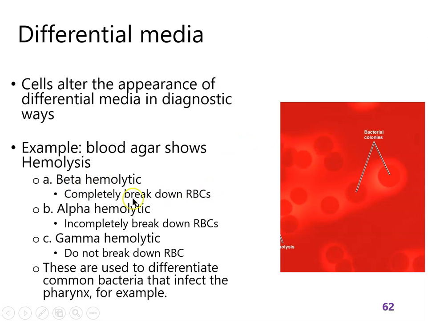Some of them can completely break them down, and what you'll see is a zone around the bacterial colonies where it's completely colorless and they've broken down all the blood cells. Others will break them open and you'll see green colors from the heme, and others won't break them down, and that tells us a little bit about which ones they are. That helps us identify bacteria in the lab. And you'll see a lot of that in the Labster simulations.